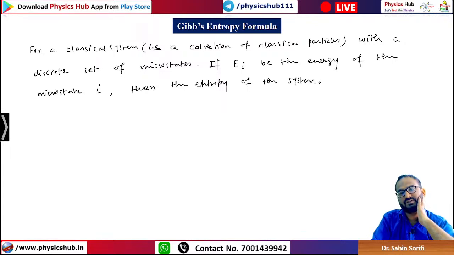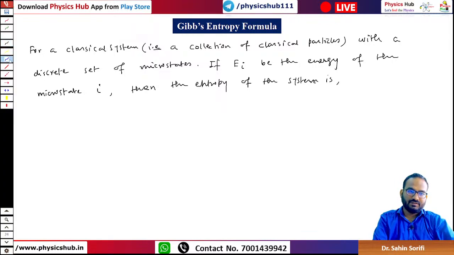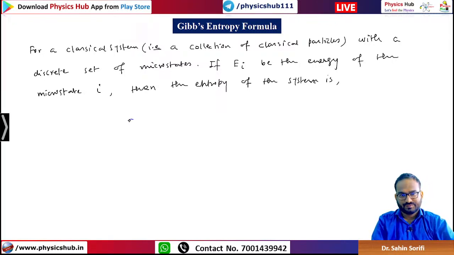This is known as Shannon entropy. Entropy can also be calculated from the number of microstates. So S is equal to minus kB sum over i of Pi ln Pi.